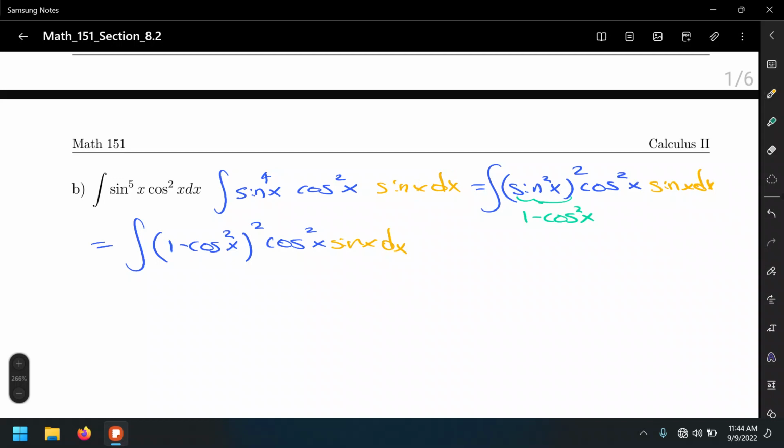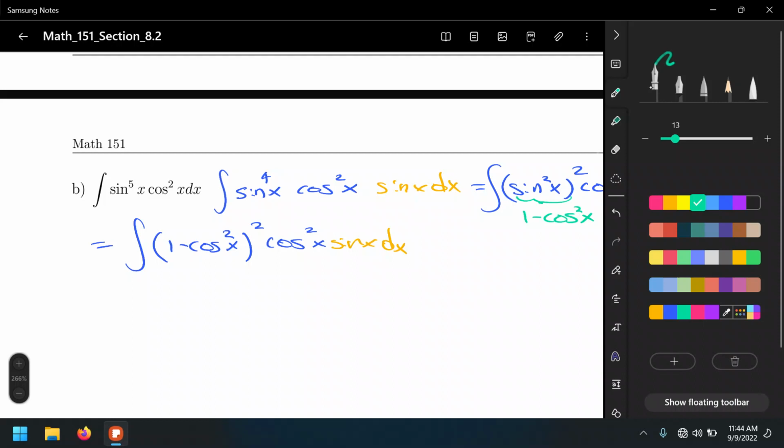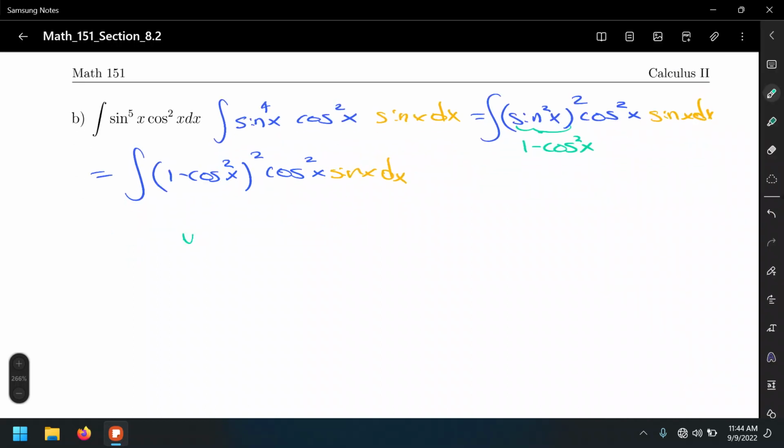Well, so let's see. u equals cosine x. But be careful here. du, the derivative of cosine, which is negative sine x dx, means sine x dx equals negative du. Okay, so let's do the substitution.